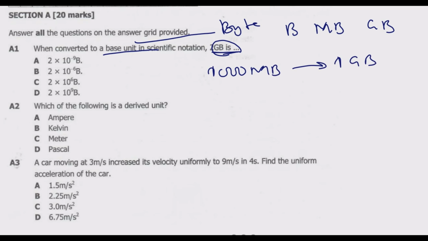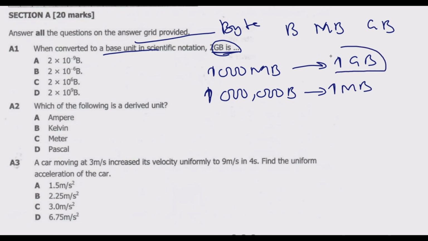Then we also know that basically 1 million bytes makes up 1 megabyte. This is the relationship. So converting basically GB to bytes, we need to multiply basically this by that, so which will just give us basically 1 billion bytes makes up basically 1 GB.